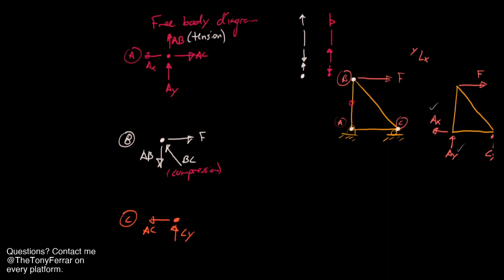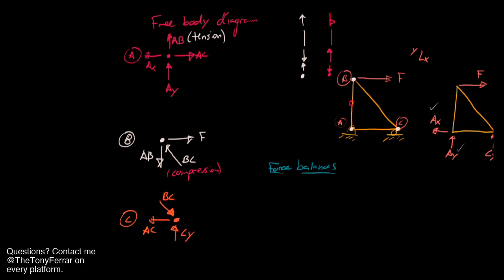BC we drew in compression, and so again we've flipped the direction of BC because it's in compression, it points into the pin. So there are our free body diagrams. Just like any other statics problem, from here we would do force balances for each joint.